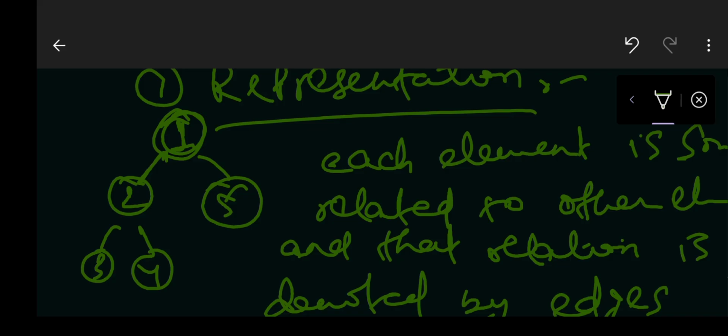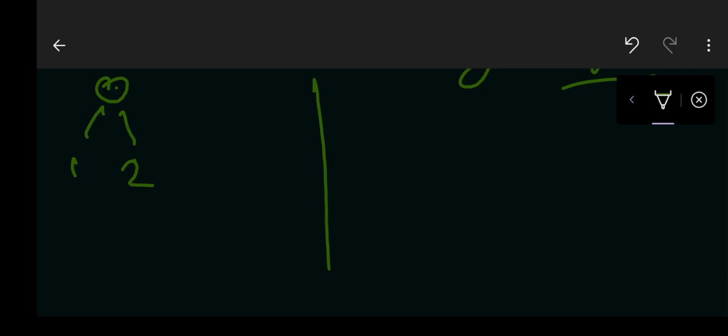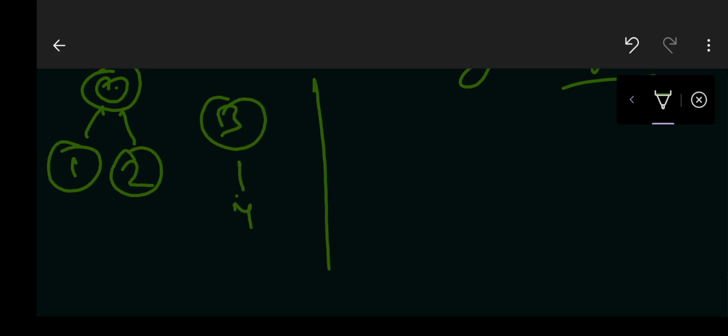Now the question that might come up in your mind is, do we always need a connection in order to make a graph? Let me take another example. Suppose I have a graph like 0, 1, 2, and then I have another graph which is 3 and 4.